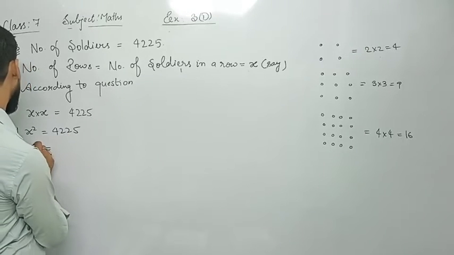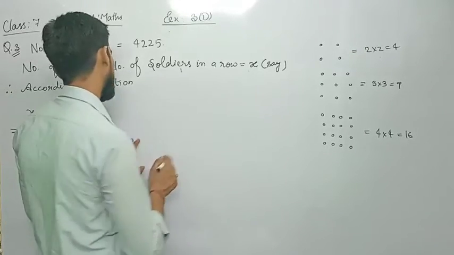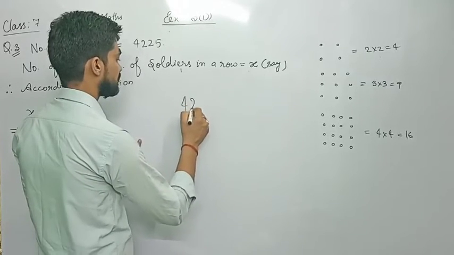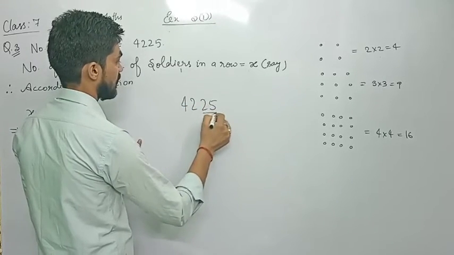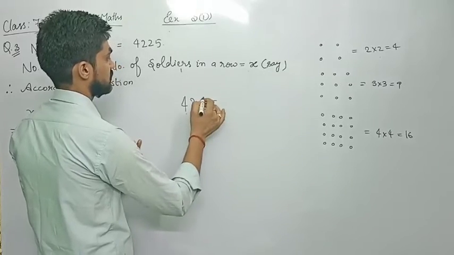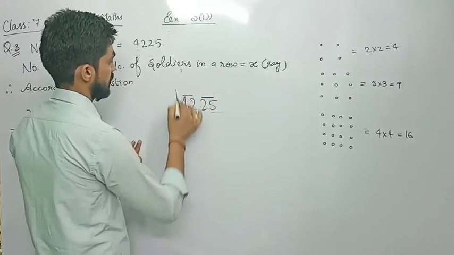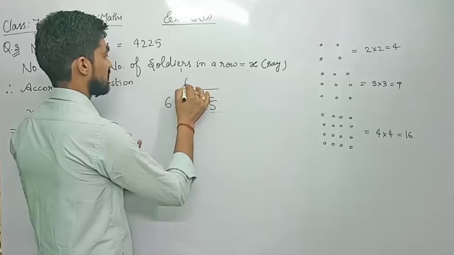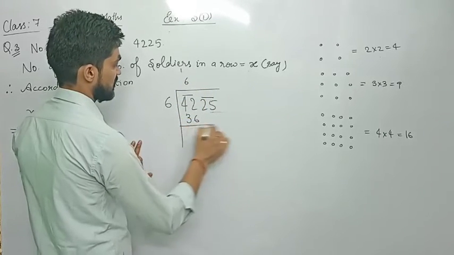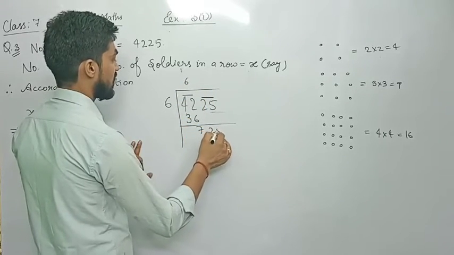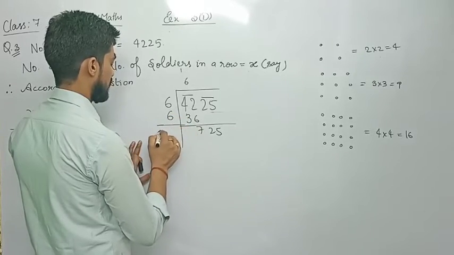So, what will be square root of 4225? Find here. Six is 36, 7, 25. Here it will be 12.